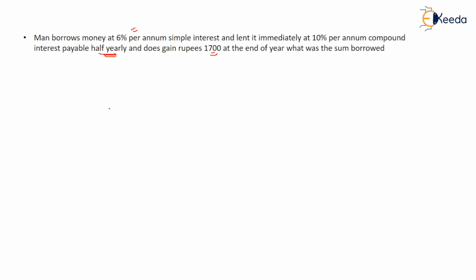Okay, so simple interest he did at 6% and 10% per annum compound interest half yearly. So half yearly means what? For the first 6 months I can assume that it is 5%. For the next 6 months it is again 5%, right?